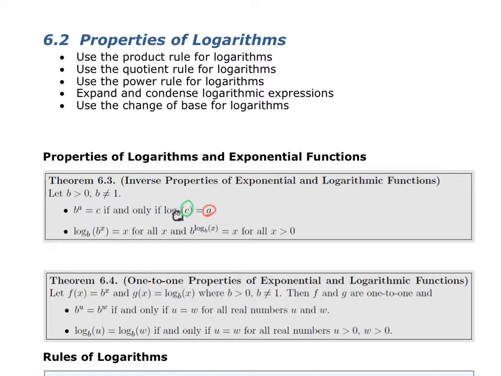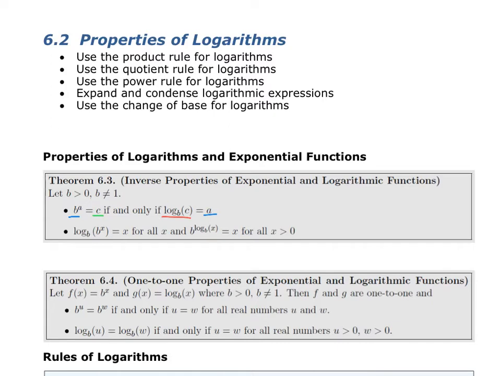So we know that we can write this as: here's the base, here's the exponent, and here is the answer. So we know that we can go from logarithmic to exponential fairly quickly, provided, of course, I have a single logarithmic function equal to a single number. Equivalently, if I have a single exponential equal to a single number.